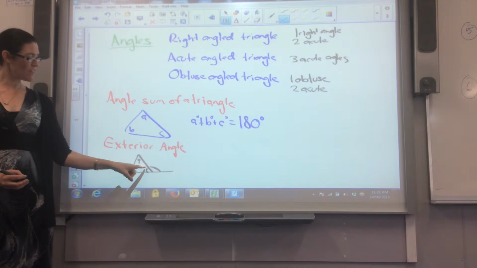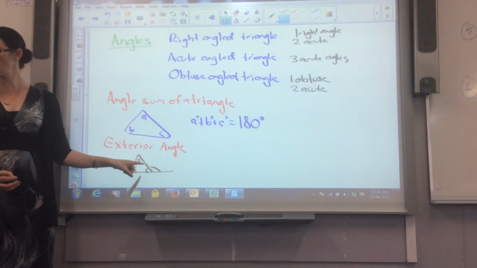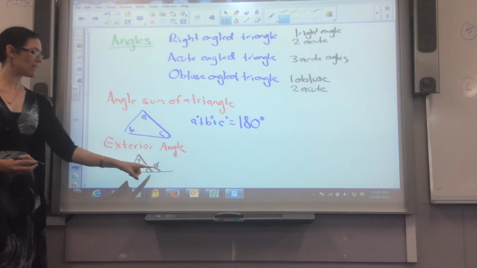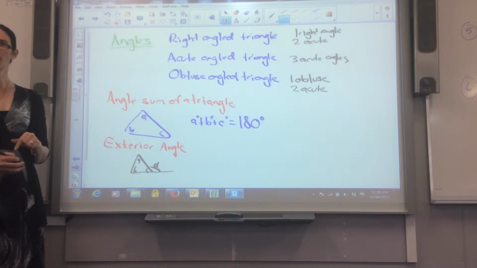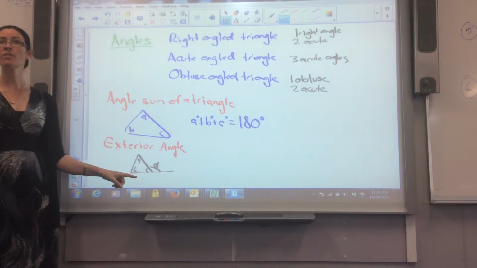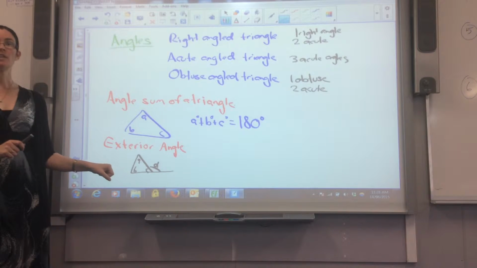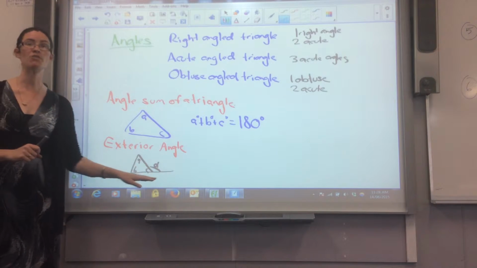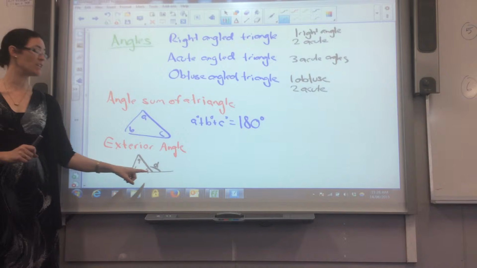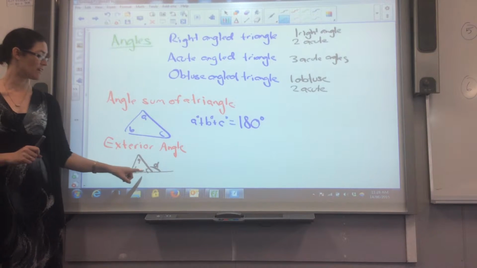I also know that C and this exterior angle, which let's call D, add up to 180 as well, don't they? Why do they have to equal 180? Because it's supplementary. What shape is this? It's a straight line. Straight lines we know are supplementary, that's a 180 degree angle.